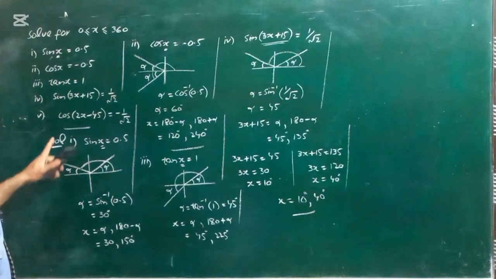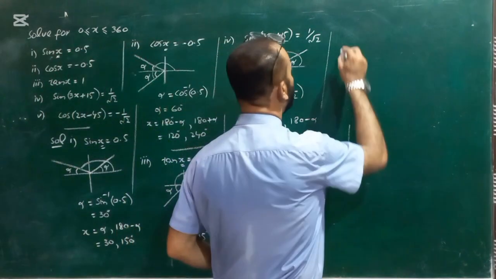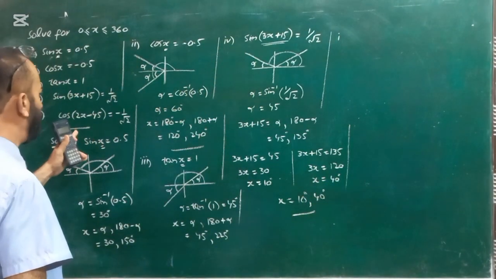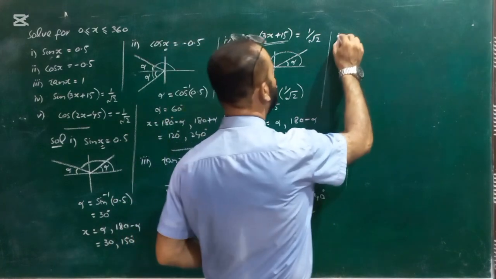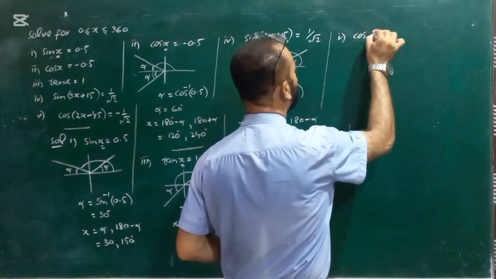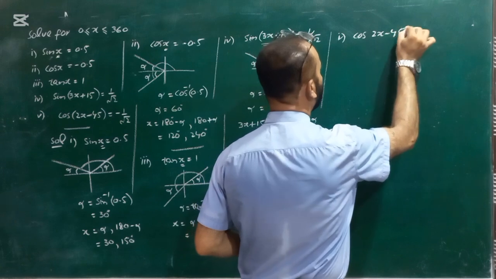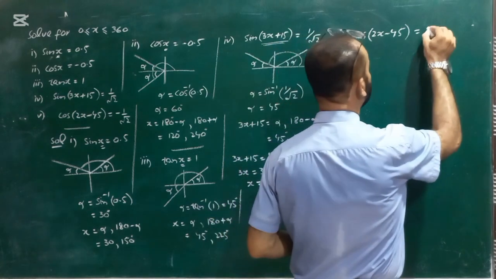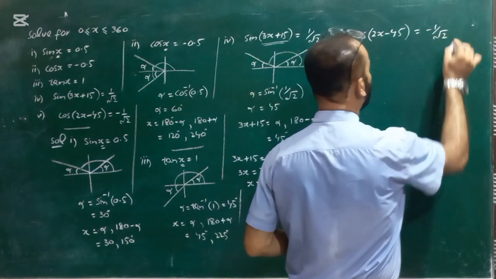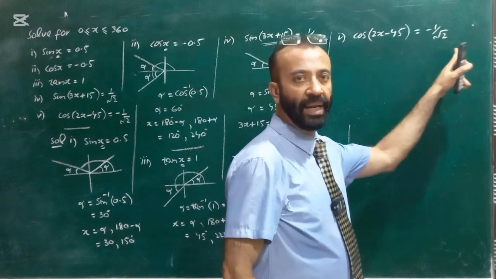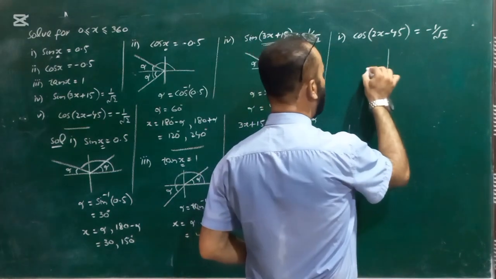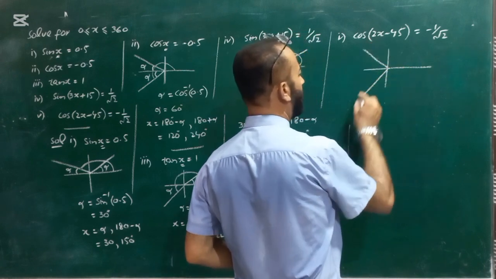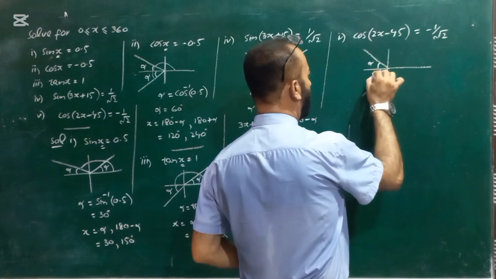Okay, now fifth part, cos of 2x minus 45 is equal to minus 1 by square root 2. So look now, cos value is negative. So cos is negative in the second quadrant and third quadrant. So here are alpha.